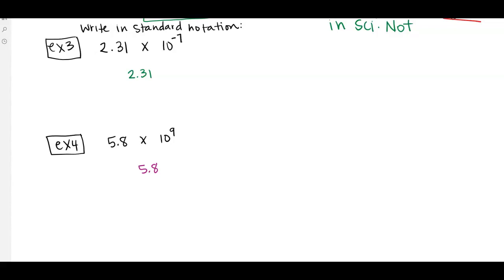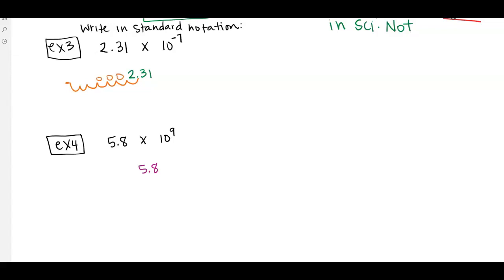Okay, so in example 3, are we going to be moving the decimal point to the left or to the right? Go ahead and just say out loud. To the left. To the left, right? Because it is a negative exponent. Okay, so if I move this to the left 7 places, 1, 2, 3, 4, 5, 6, 7, that means my new decimal point is there.